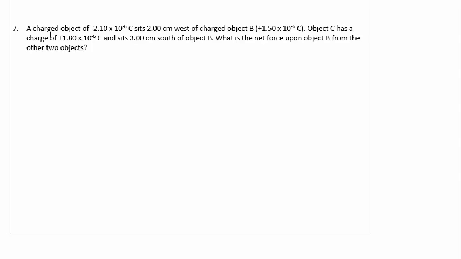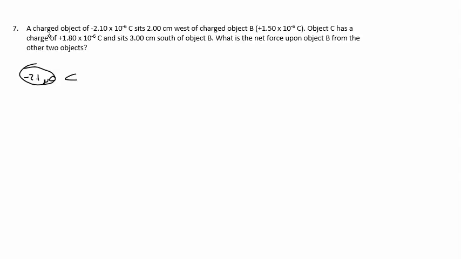Okay, our last example now brings us into vectors. We do know that forces act in a directional motion. And so here we've been given this -2.1. So we've got a charge here, -2.1 times 10 to the -6, or microcoulombs.